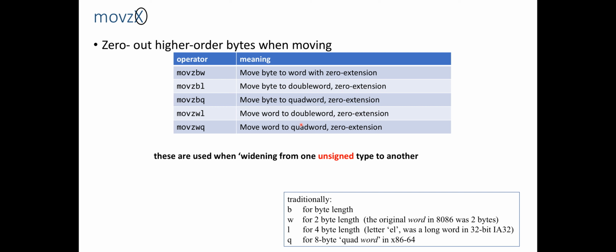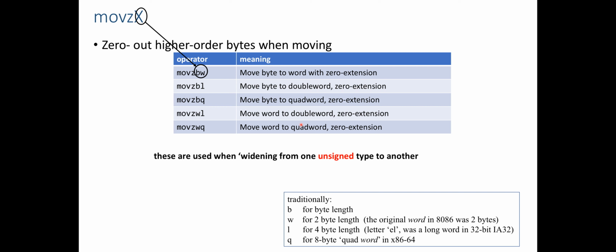So movz always has two more letters after it. If you look here is movz with BW on it. What this means is move a byte into a word with zero extension, meaning the byte will go in and then the rest of the register up to a word will be zero.